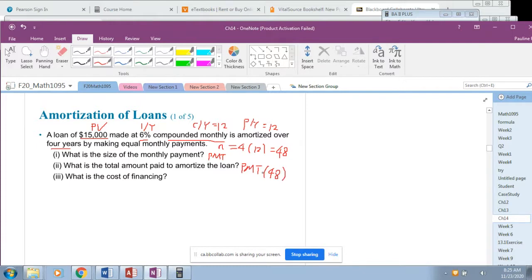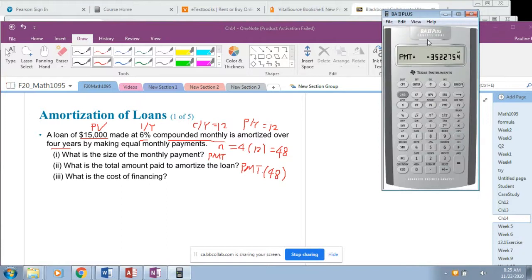So this number multiplied by 48 gives this number. You have to interpret this as positive when you answer the question.